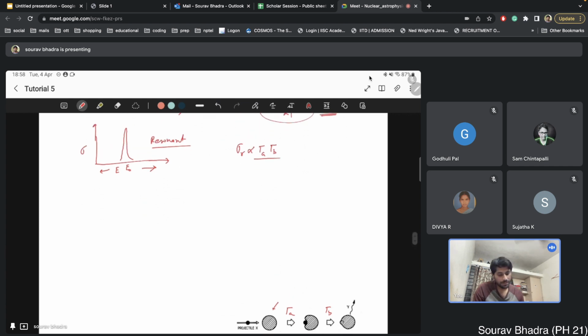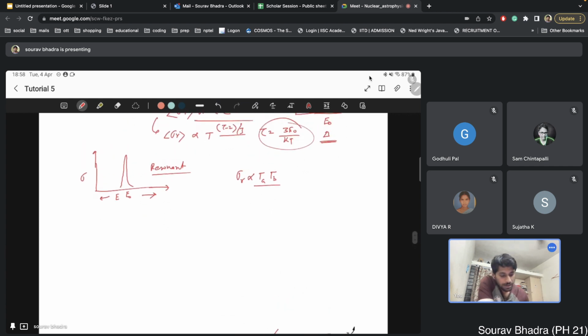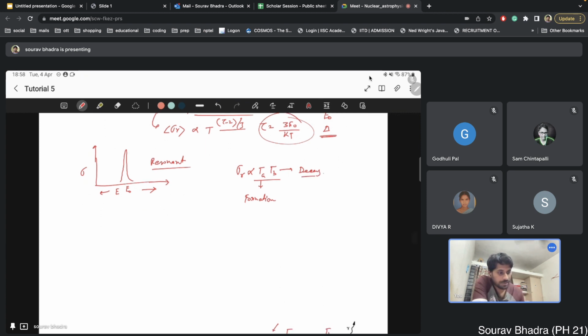So sigma gamma is proportional to tau A and tau B, where tau A and tau B are partial widths of each step of the reactions. This you have done. Tau A can be called the formation width, it is the formation of the nucleus, and tau B is the decay width because it is the decaying of the nucleus, that means the emission of the gamma.